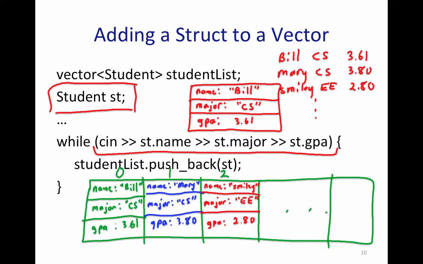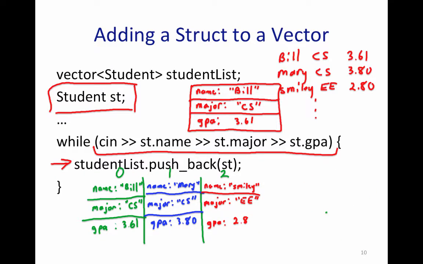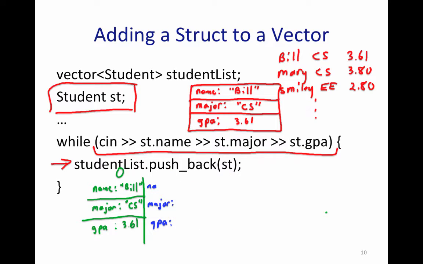Then when I do this push_back right here, it automatically creates a new entry in the vector. In this case, the vector would be starting from scratch, so it would create the first element and copy in the values from st into the first entry.